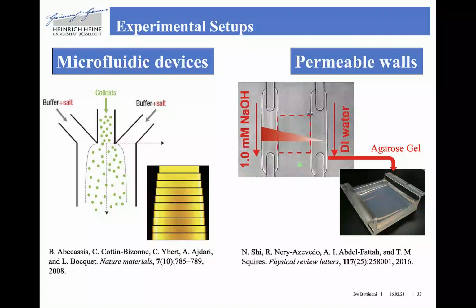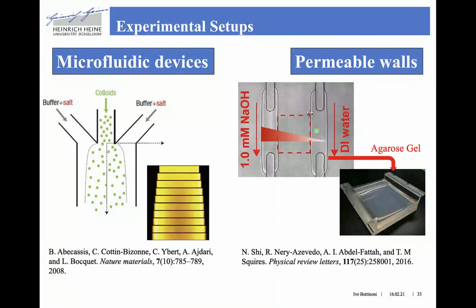So here we have a well-established concentration of salt in this direction, and particles migrate either this way or this other way, depending on the sign and the magnitude of the neutral diffusiophoretic and the electrophoretic mobility.